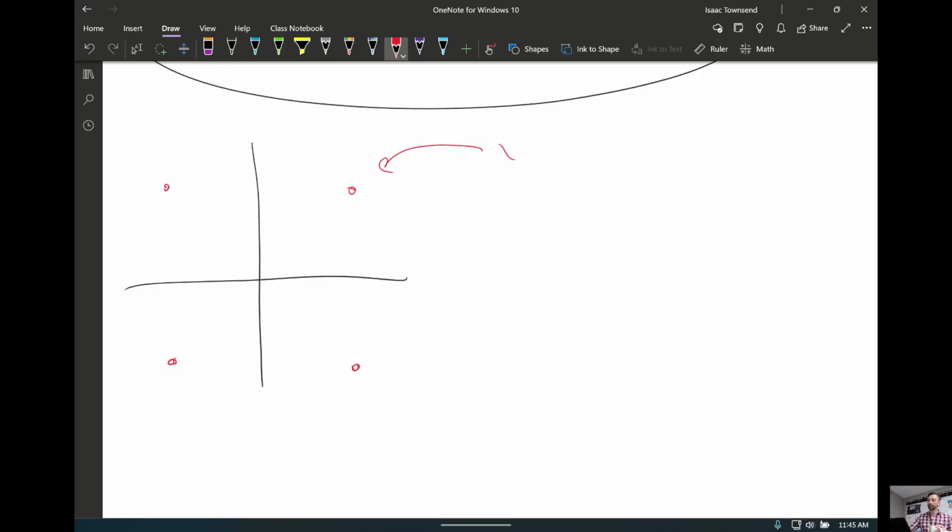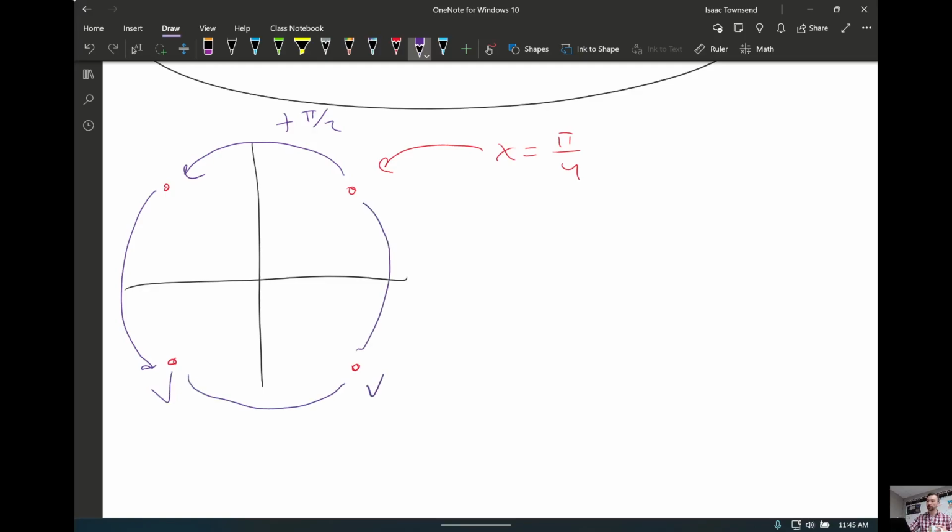You could say pi over 4 is where you could find the first one. And then how much do you turn if you want to go 1/4? Or pi over 2. Pi over 2. And if you add pi over 2 again, do you get here? If you add pi over 2 again, do you land here?